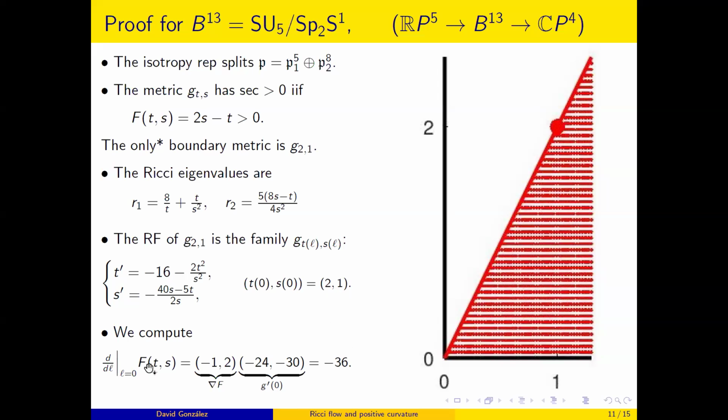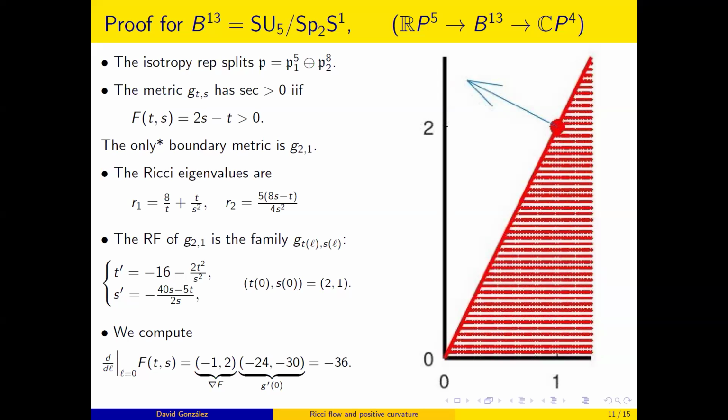This means that the derivative of f is negative, so f starts decreasing when you run the flow. And this means that you evolve to metrics outside this set. By continuity, there is a metric inside, close to the boundary metric, that also goes outside. That's how you find a metric for which positive curvature is not preserved.